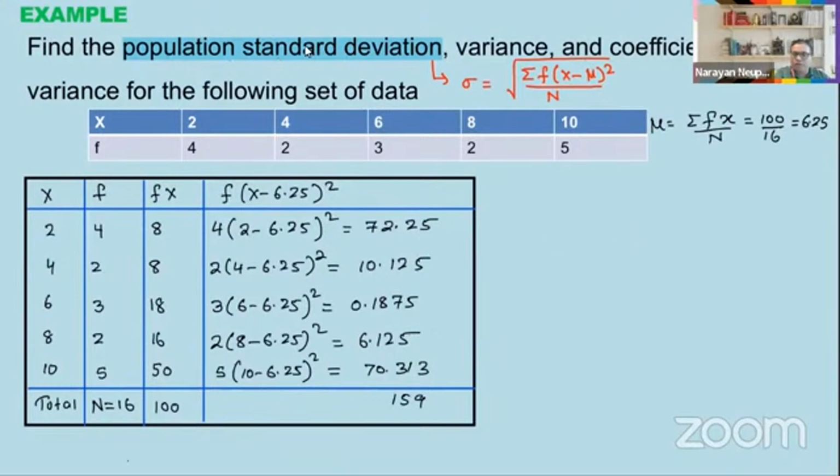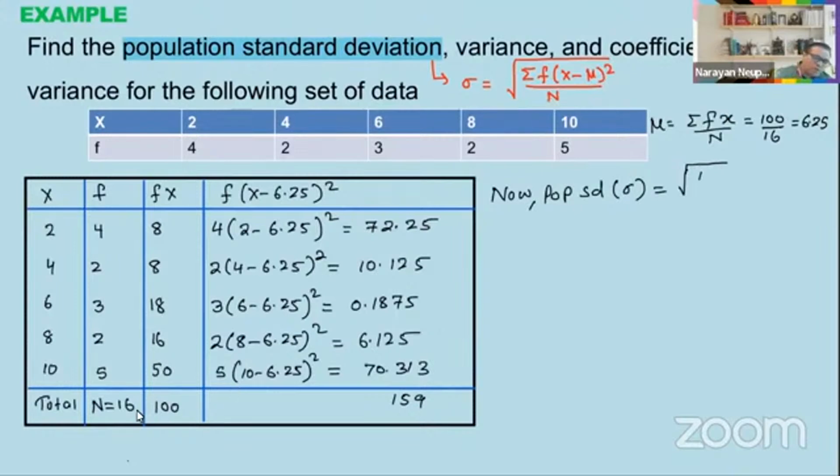So once we have all these things ready, now we can start working on the calculation of the population standard deviation. Now, the population standard deviation, sigma, is equal to the square root of the sum of f times x minus mean squared, that's 159, divided by n, n is 16.